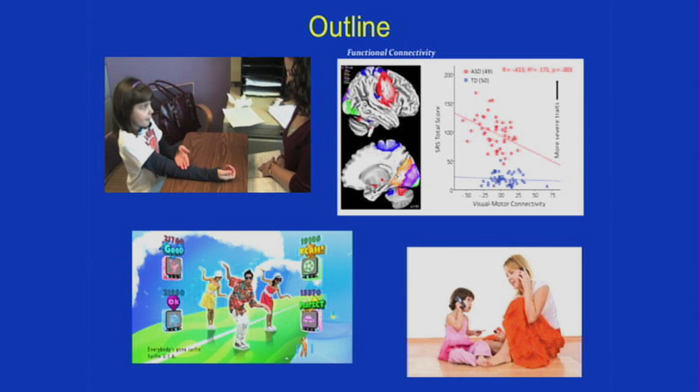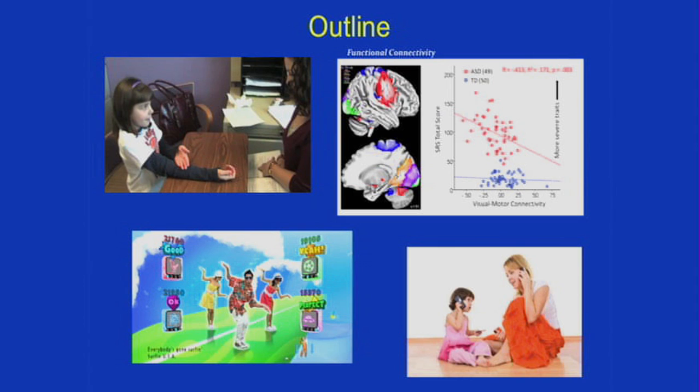I'm going to talk about some imaging findings. If there's time, I'll talk about some anatomic imaging findings, but I particularly want to emphasize some recent exciting functional connectivity findings we have, and again, just to hit the punchline, showing that there's decreases in visual motor connectivity in autism, and that this is correlated with symptom severity.